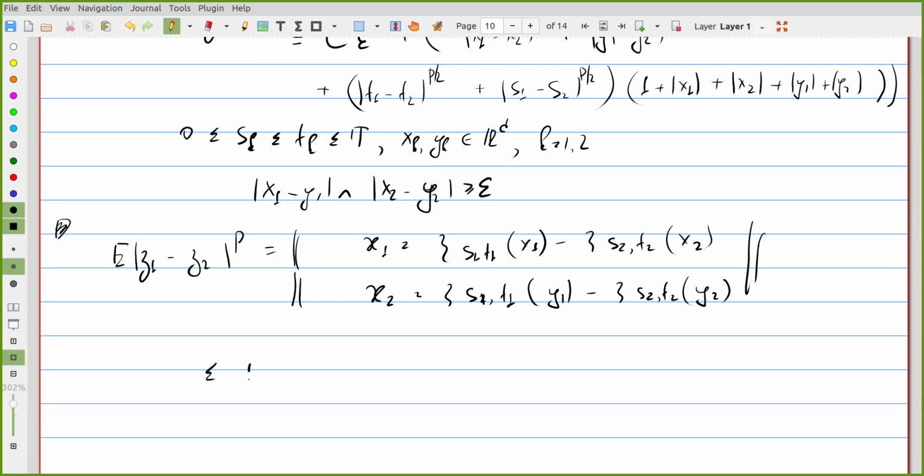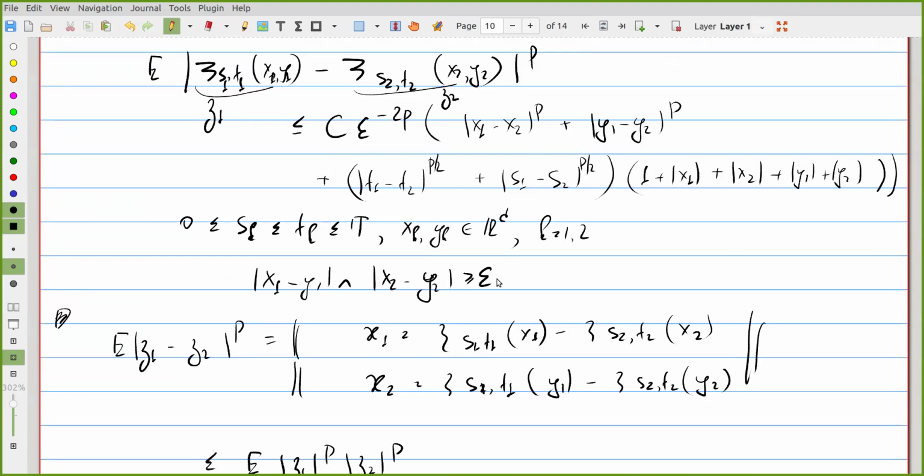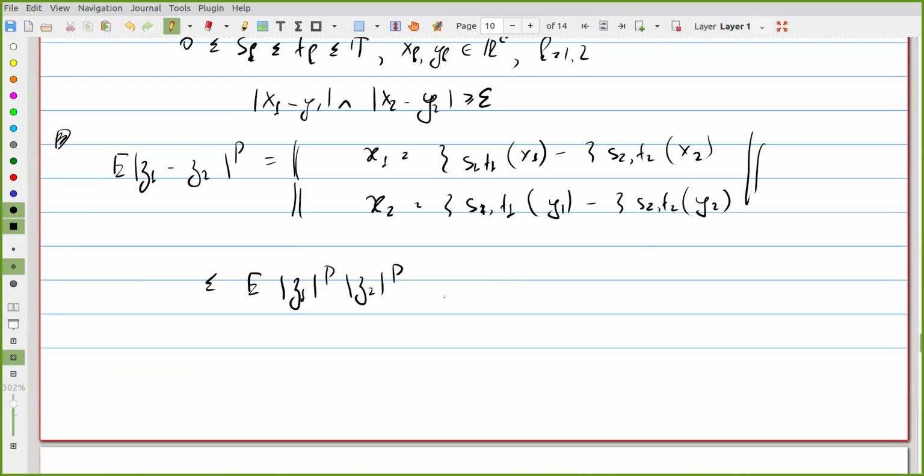And then this should be less than the product of Z1 to the power 2, Z2 to the power 2. And here we will just take the common denominator, and this will end with kappa 1 to the power p plus kappa 2 to the power p and some constant before.